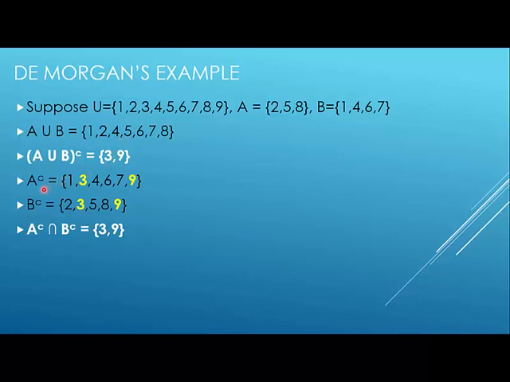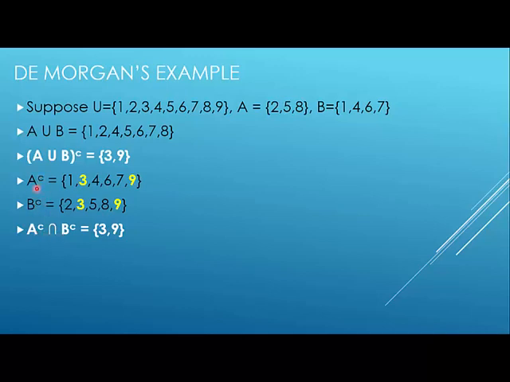And the complement of A is very simple. All the elements of U except 2, 5 and 8, which is 1, 3, 4, 6, 7, 9. And B complement, similarly, is 2, 3, 5, 8, 9. These are the elements which are not present in B, but they are present in U. So what is A complement intersection B complement?